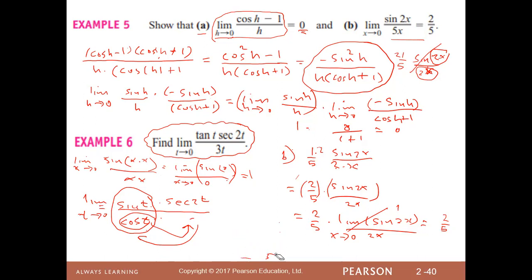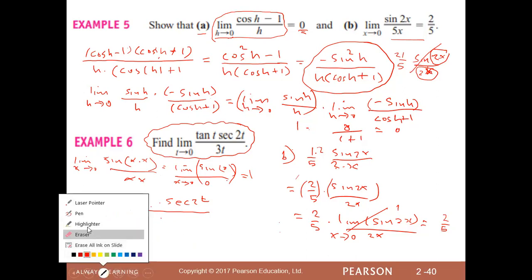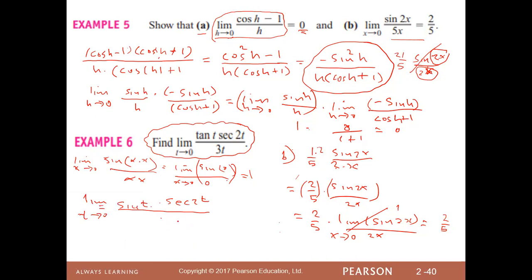Okay, very good. So let's go ahead now and make the move. In our move, we said we're going to get the cosine under the sec, and we're going to get the t under the sine. We put the cosine of t, which is pairing with this to give us the tan, and then we have 3t.